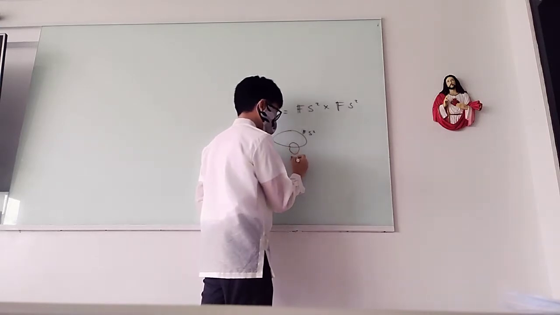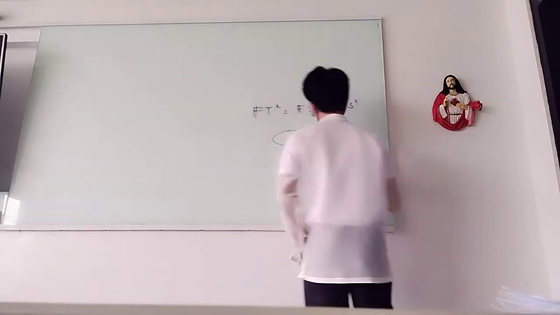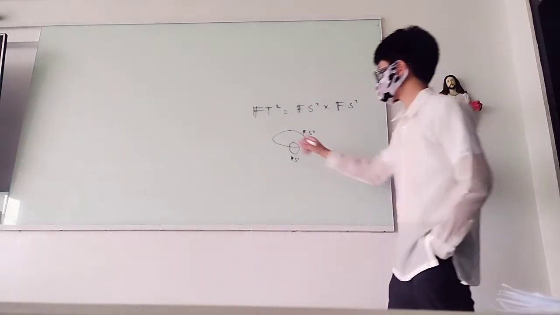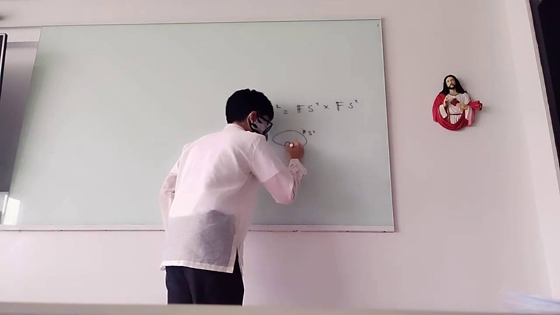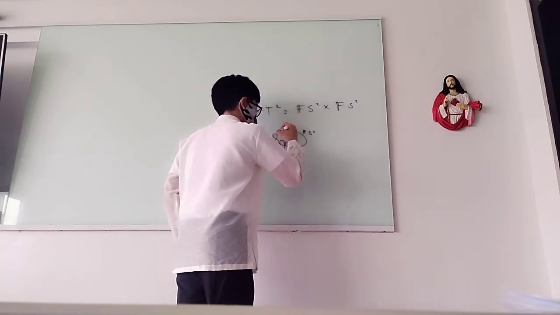This is our second FS2. And since we're taking the total Cartesian product, that means we are attaching circles to every point here. So we're just attaching circles, and so on and so forth.